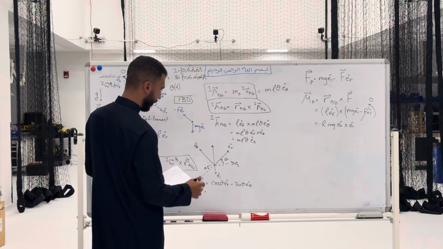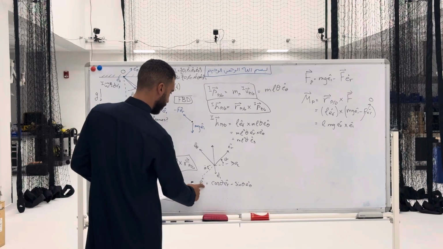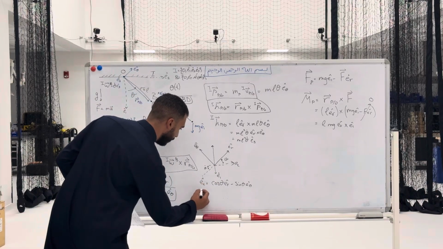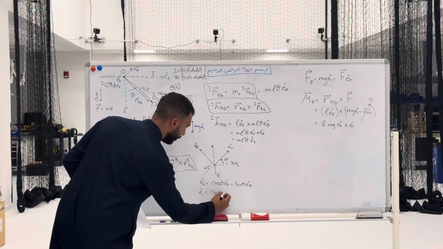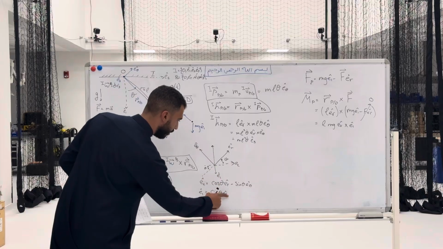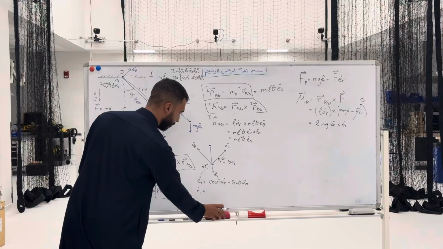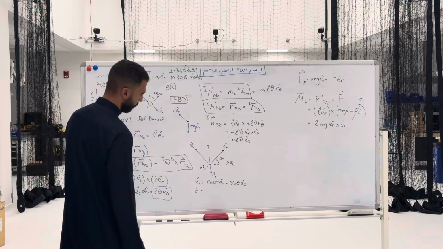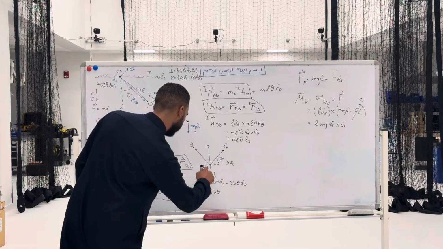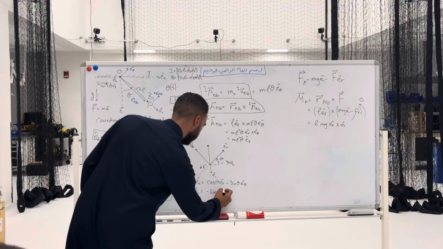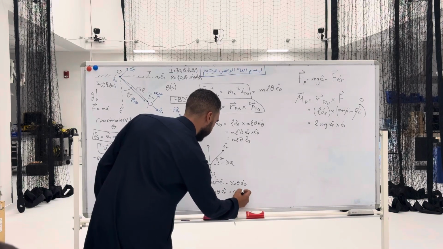So what do we have? So this is E2. Let's get E1. So E1 is cosine theta ER, minus sine theta, plus cosine theta.